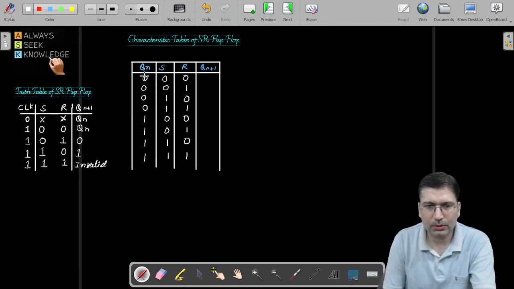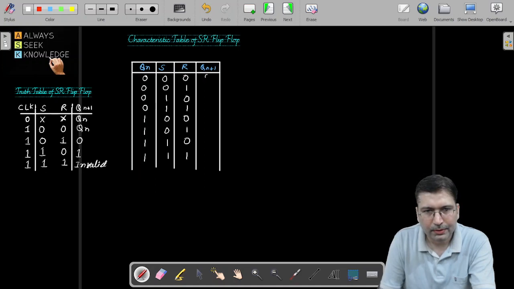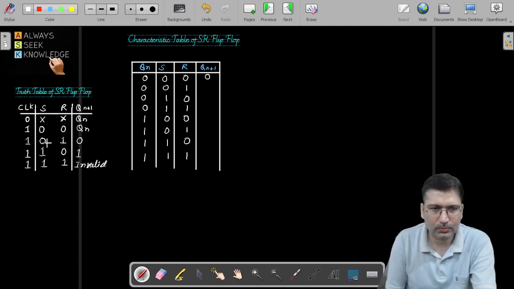If Qn was earlier 0, it will again give us 0 only, right? So we will get 0 here. Now when S is 0 and R is 1, it generates 0 irrespective of the Qn. So this will also give us 0.